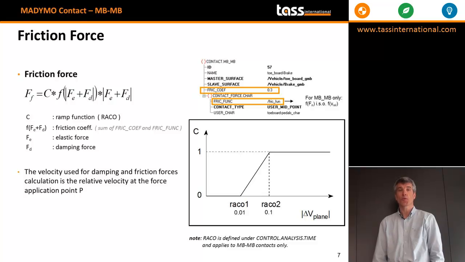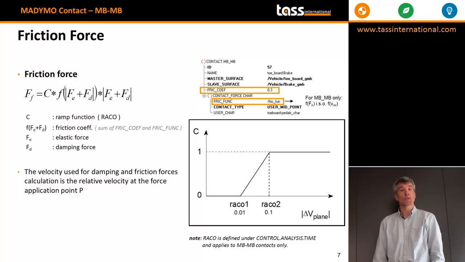Then C requires probably the most explanation. It's introduced to prevent numerical noise if the relative velocity in the contact, so between the master and the slave surface, is low. Basically what it says, if it is below 0.01 meters a second, there will be no friction force applied.